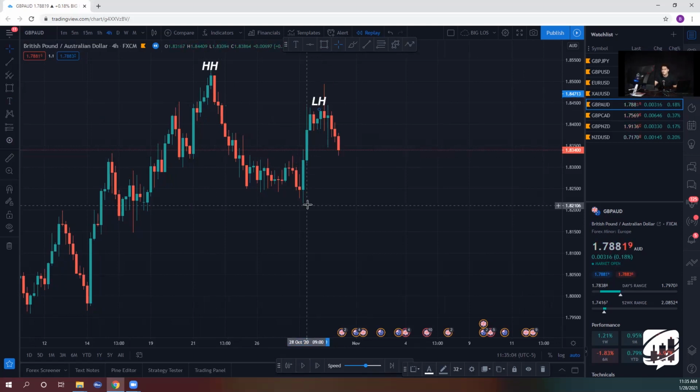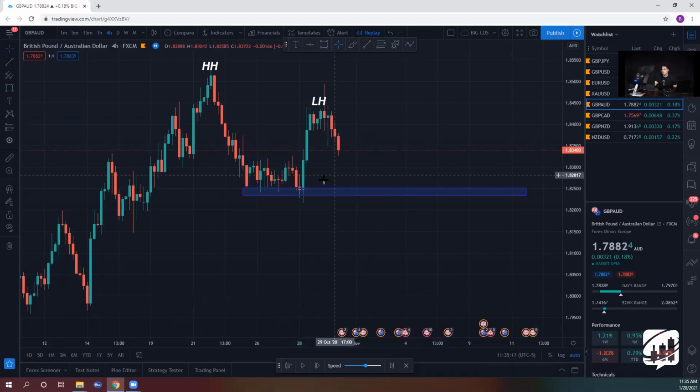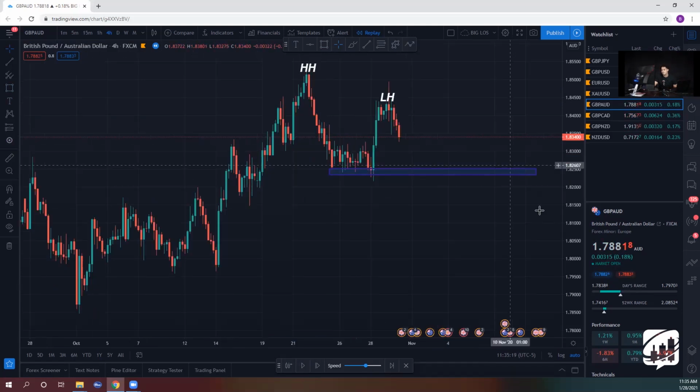So now all we're waiting for is a lower low to form. We're waiting for our low point to be broken and retested, and we're looking to sell. We're looking for price to keep decreasing.